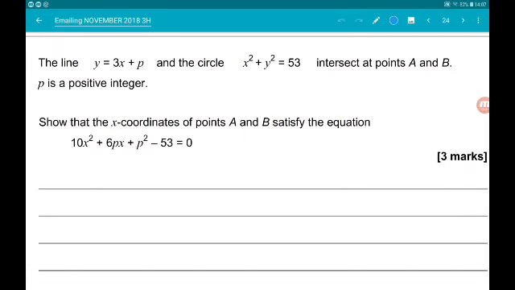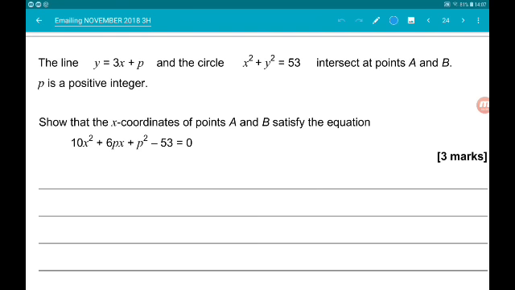27 is the final big question, and it's simultaneous equations, just a bit weird. So these papers, I would say, are very A-level-y. This is a good example of that. So, the line y is 3x add p, and the circle x squared add y squared is 53, intersect at points A and B. P is a positive integer, so a positive whole number.